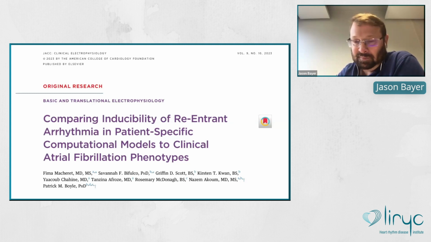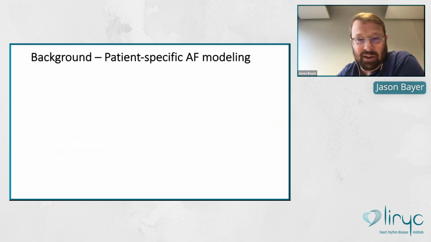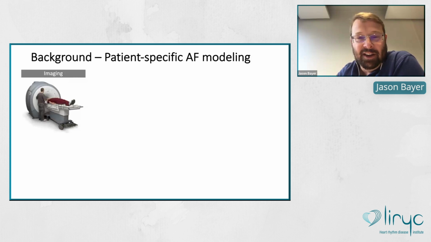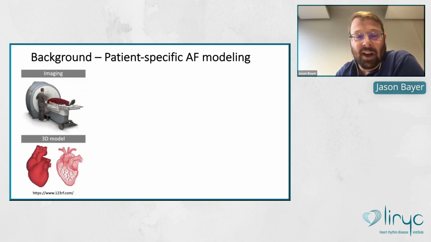basically, I know everyone here is probably familiar with computer modeling, but my only real backup slide is from myself. The way patient-specific modeling works is that you go into the MRI and you can get an image, or also a CT, and you can get the geometry of your heart model. And we can build computer models of these hearts.